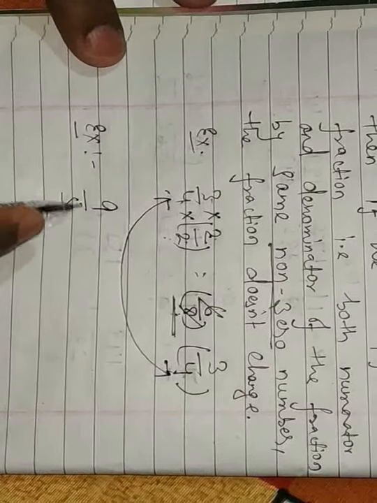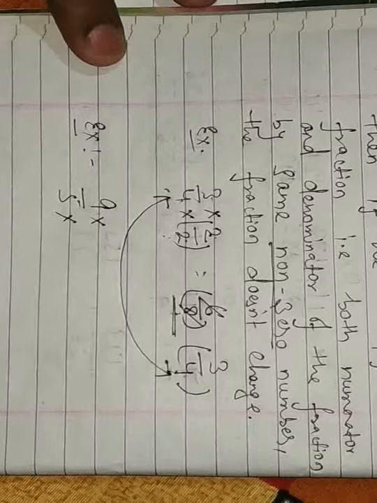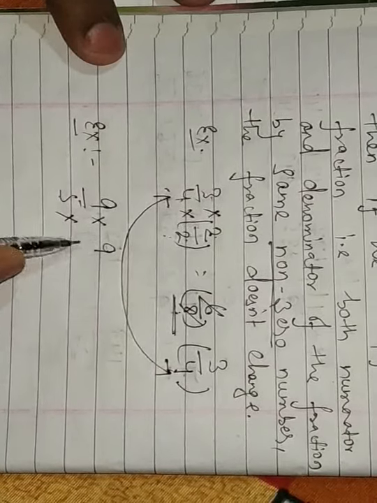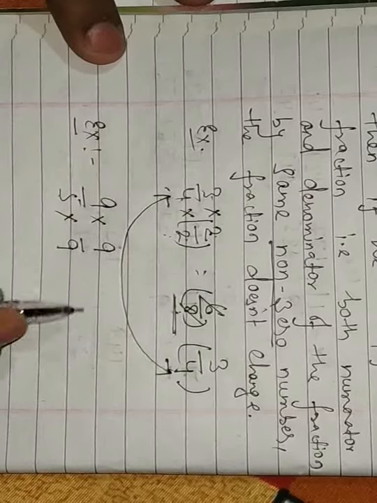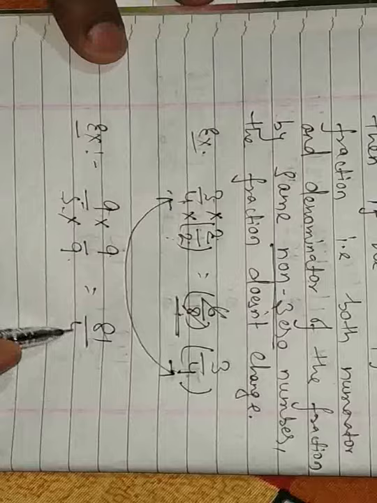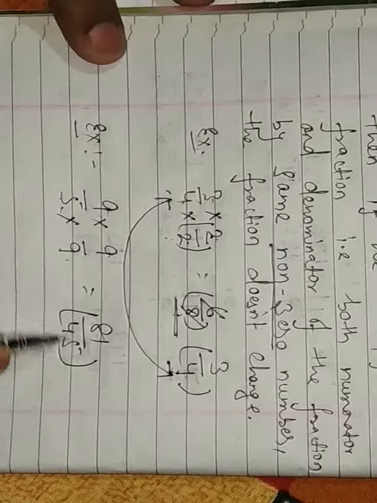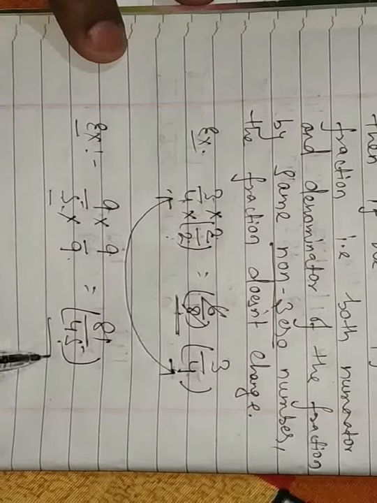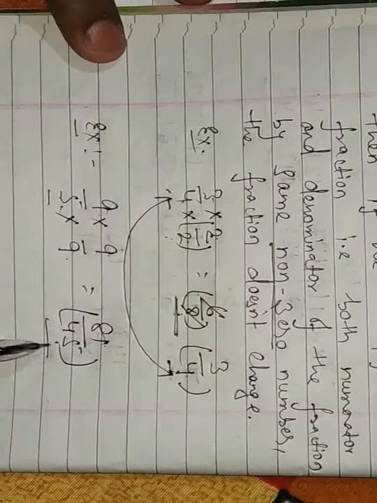9 by 5. If we multiply the fraction 9 by 5 with a non-zero number, say 9, what do we get? 9 into 9 will be equal to 81 and 5 into 9 will be equal to 45, and this 81 by 45 is again equal to 9 by 5. How can we check? We can check by simplifying this fraction.